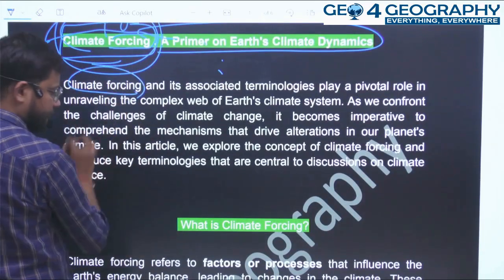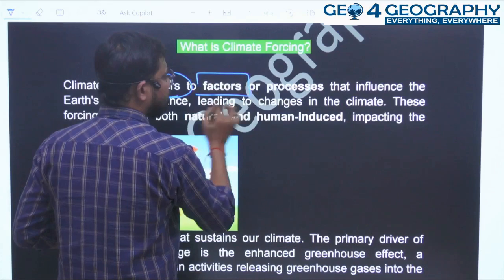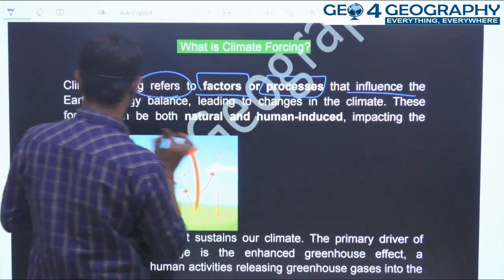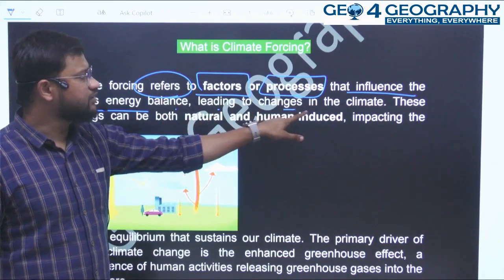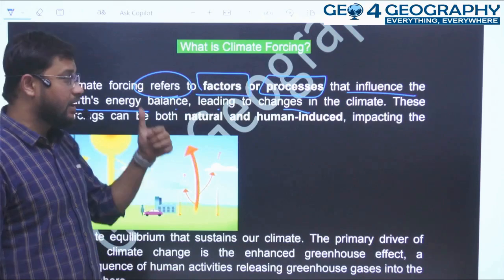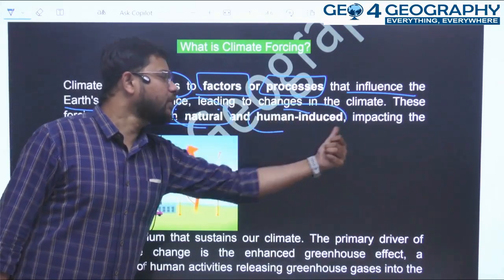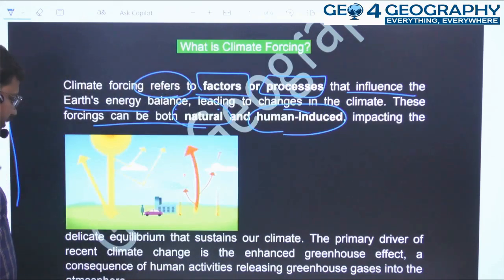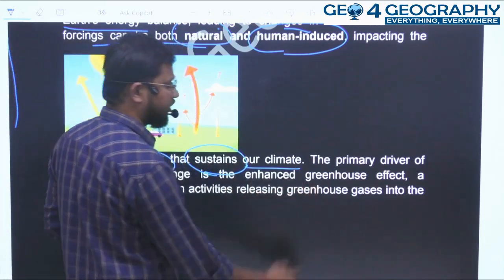Climate forcing refers to factors or processes that influence the Earth's energy balance, leading to changes in the climate. This forcing can be both natural and human induced, impacting the delicate equilibrium that sustains our climate.